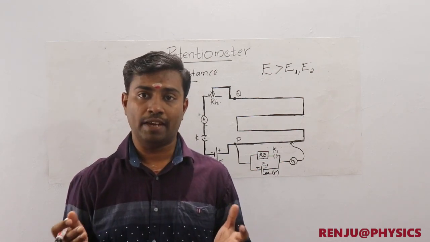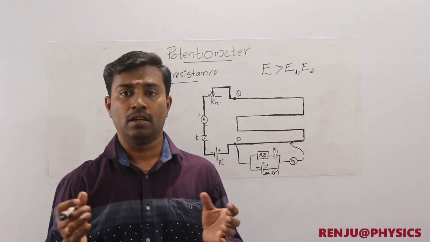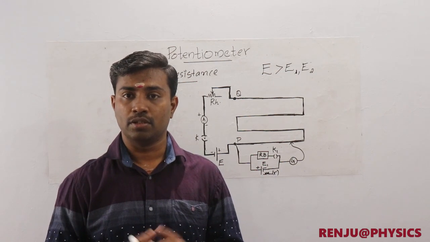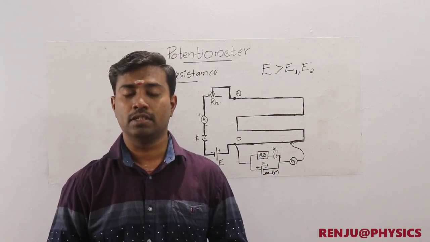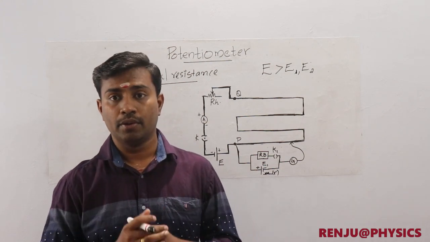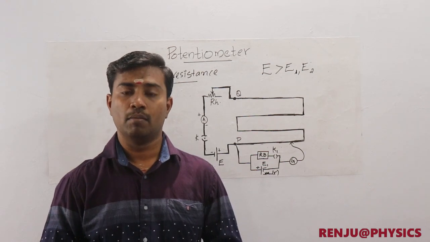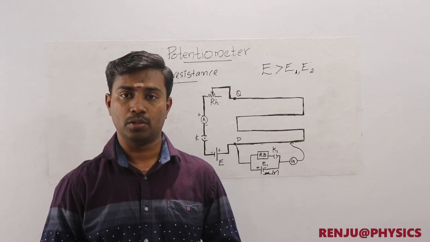The factors affecting the internal resistance are the nature of the electrolyte, the separation between the electrodes, and temperature. So we are going to discuss how to measure the internal resistance of a cell using a potentiometer.